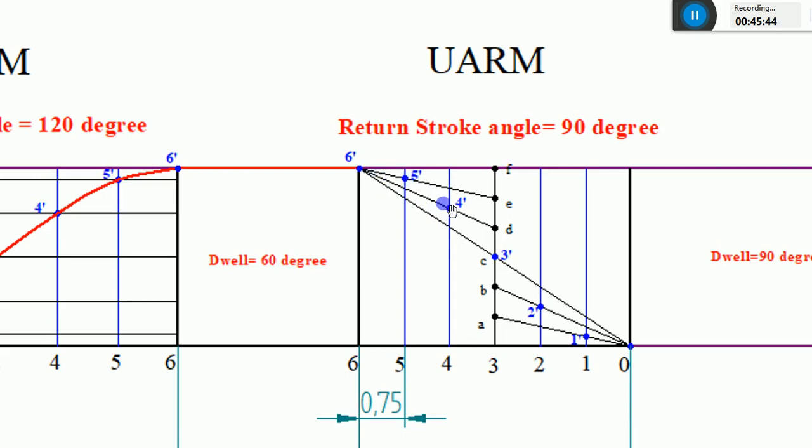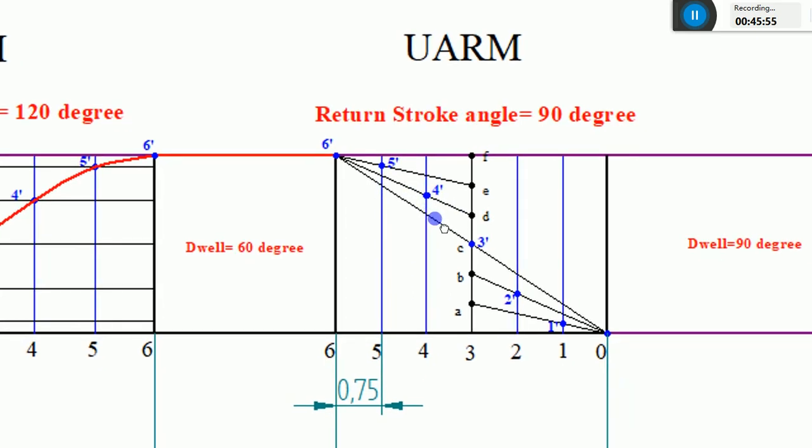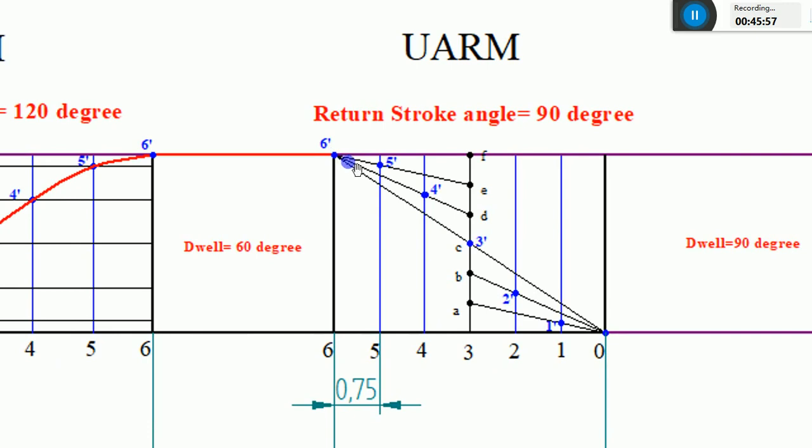And this is the second inclined line, which is joining point D. It will intersect the next vertical line, the fourth one, that is 4 dash. After that, this is the third inclined line, which is intersecting the third vertical line. So this intersection point I'll indicate as 3 dash.